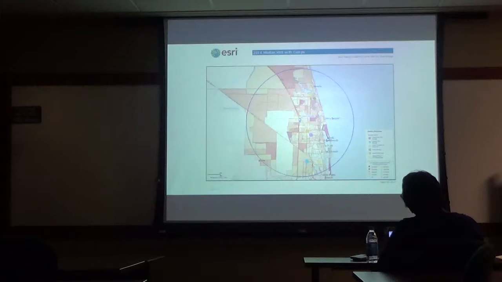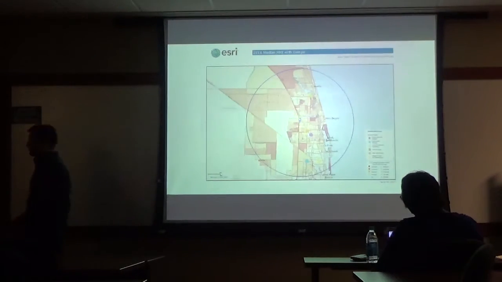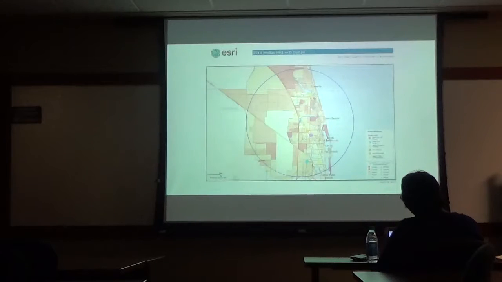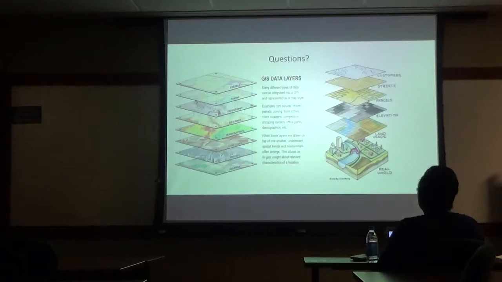So in 5 years, you can see, as it gets redder, the legend over here, the darker the colors, the higher the income. So you can see most of the surrounding area is getting a little darker, which is a better trend than it getting lighter, right? And if you don't know what GIS is by now, here it is. Any questions?